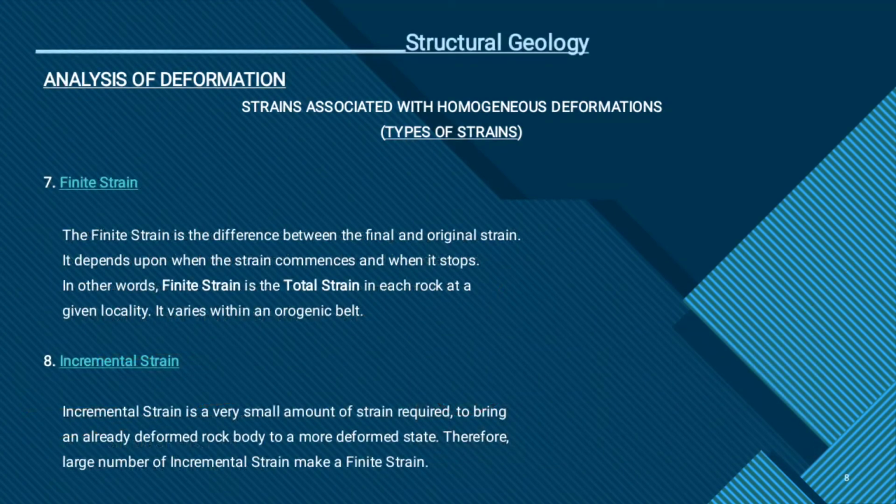Next we have the finite strain. The finite strain is the difference between the final and original state. This is the original, undeformed one, and this is the final. So F minus U equals finite.